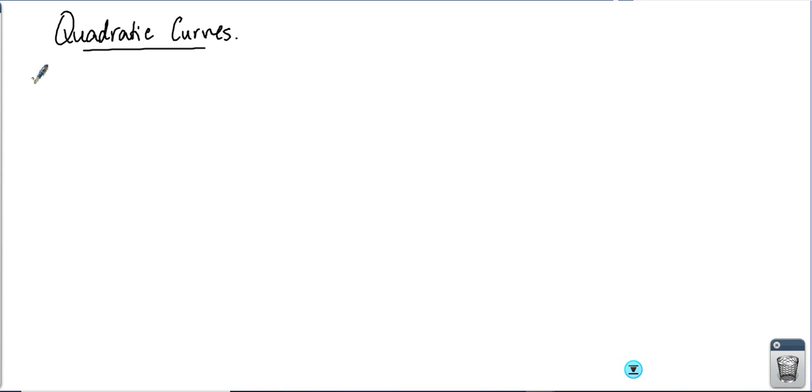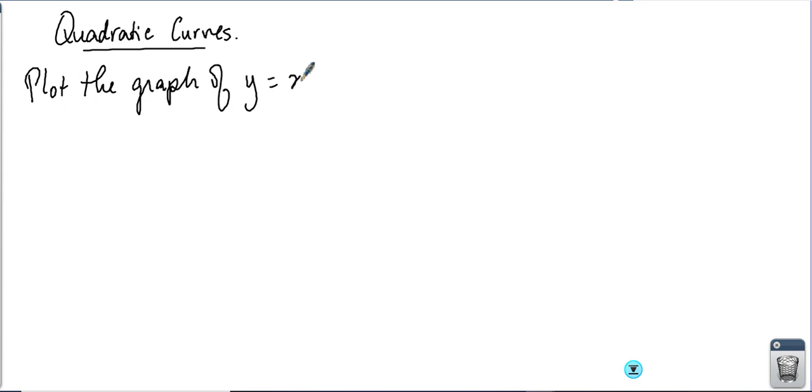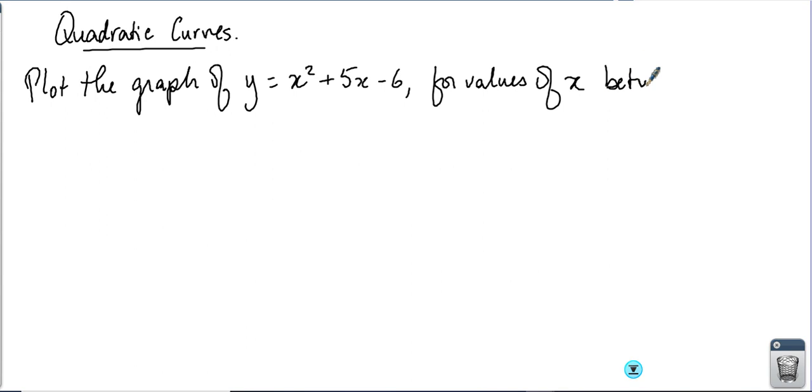Suppose we have to plot the graph of y equals x squared plus 5x minus 6 for values of x between x equals minus 7 and x equals 2.